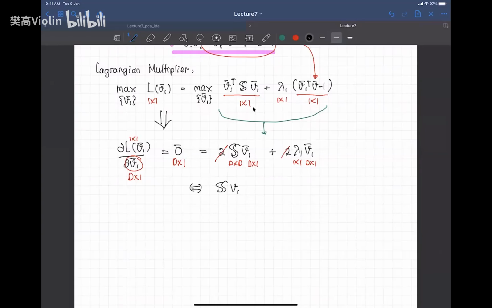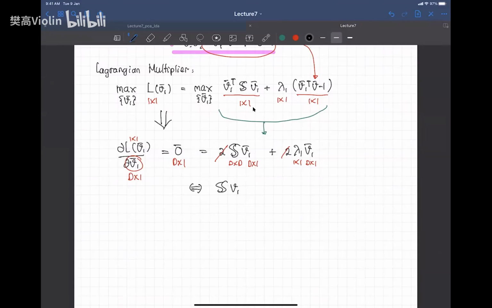Let me think. Is this correct, right? Let me see. V1 transpose at the end, right? Why is the transpose needed?